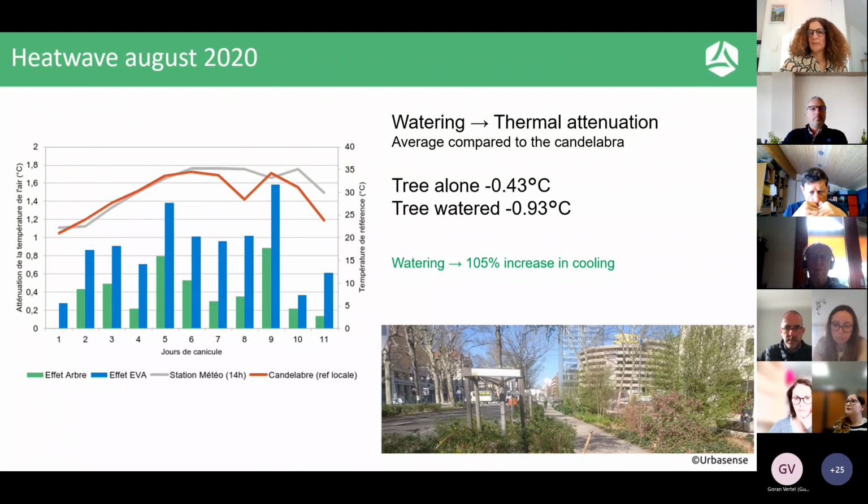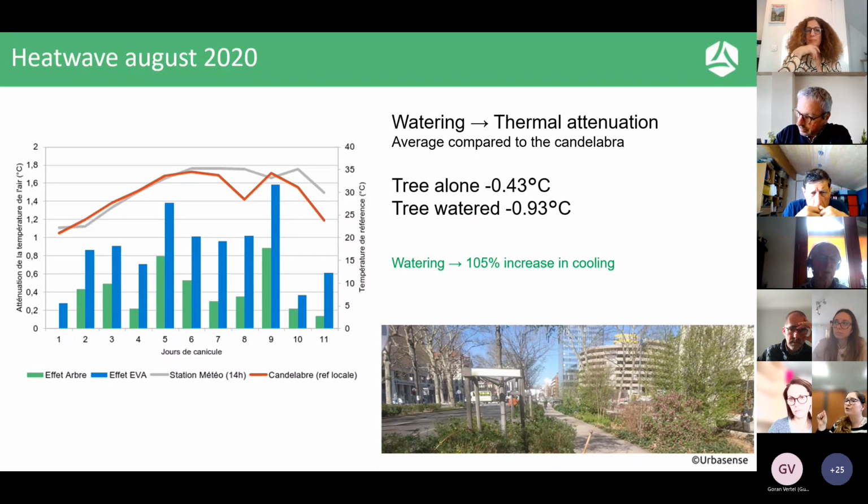Here are the results that we have. During the heat wave of August 2020, we had 3 principal measuring points. In green, you have the measuring point on a pole in between the trees that are not watered, so it's just the effect of the tree being here.